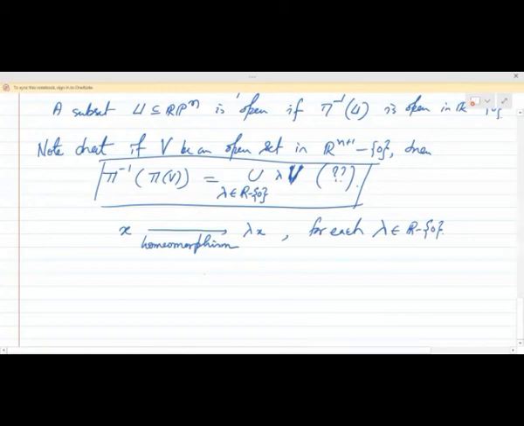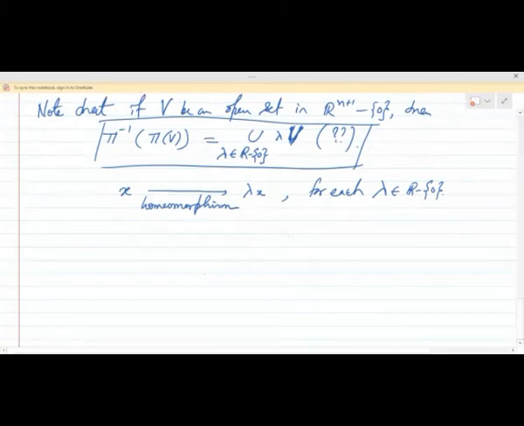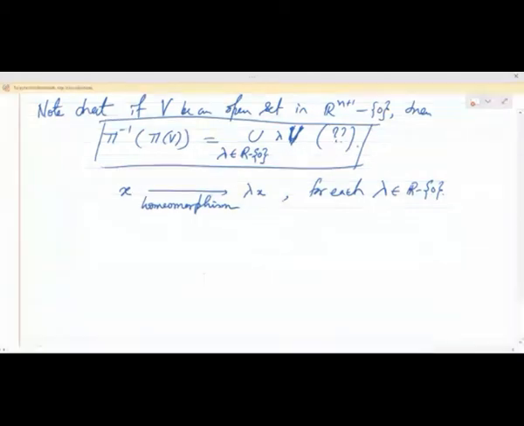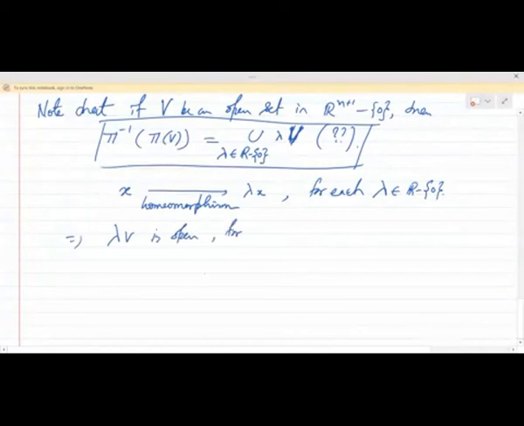Since V is an open set, lambda V is also open for each lambda in R minus 0.